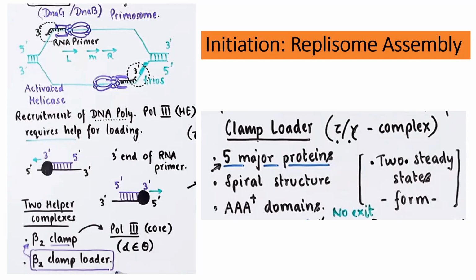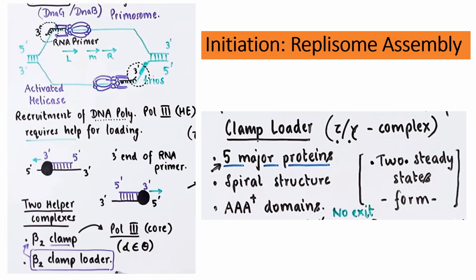we already saw that the DnaB and DnaG complex assembles, as in the first picture you can see, at the DUE region of the origin of replication, and DnaG, which is a primase, makes an RNA primer.